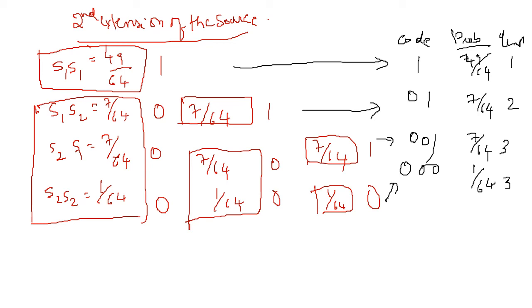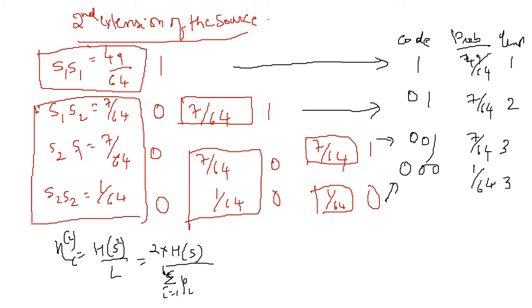We'll try to find the efficiency now, eta for the second order extension. So we write it as H(S^2) divided by L. We know H(S^2) is nothing but 2 times H(S), and L is nothing but the sum for i equal to 1 to 4 of Pi into Li. Just substitute the values.